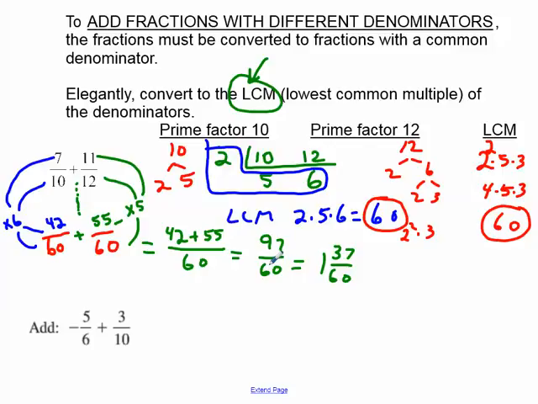So we've got 97/60ths and 60/60ths is 1. Whatever is left over after we take that 60 out is 37. 1 and 37/60ths is our answer.